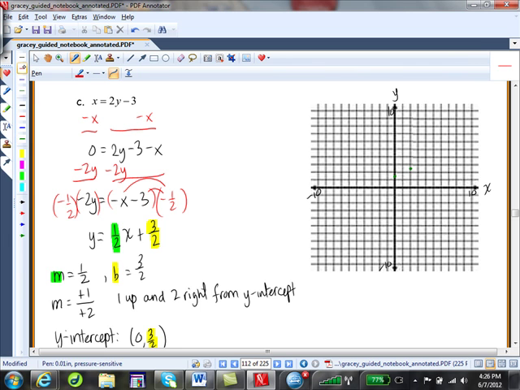Oh, and we were doing those in red, weren't we? So this one is the second point using slope. And the green one was the y-intercept. And we'll go ahead and connect our dots.